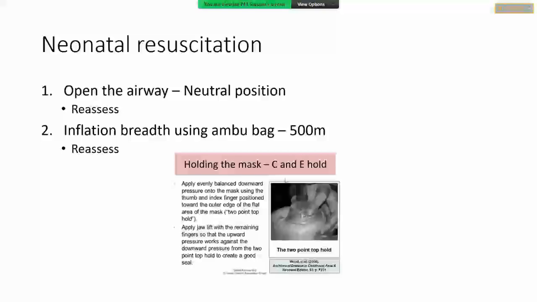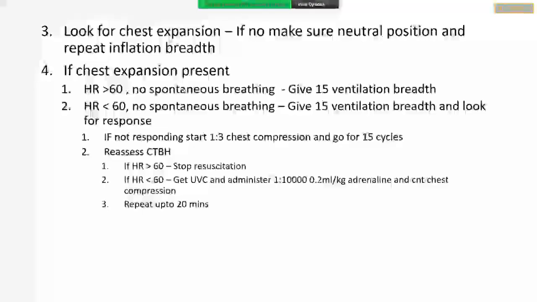And there is a way of holding the mask that is called the C and E method. With the thumb and the index finger, we have to hold the C and hold the mask on the face. And with the E, we have to hold the mandible bone, as shown in the picture. So that is the way of giving the inflation breaths.